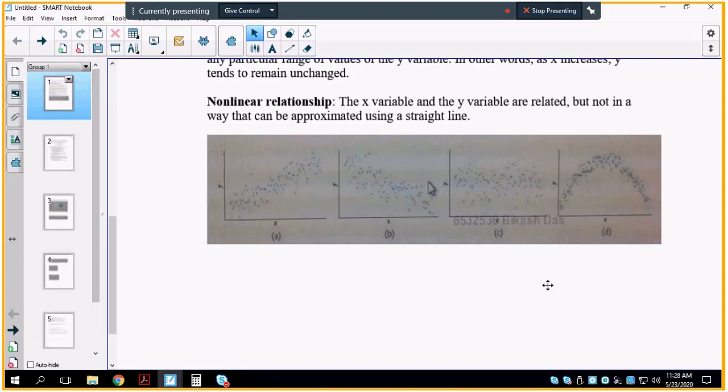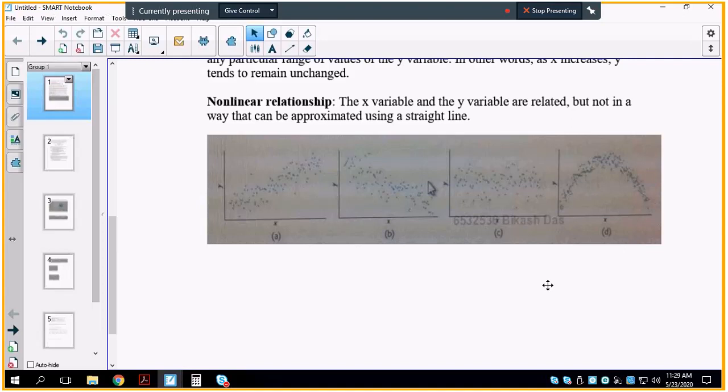Finally, in the fourth graph, you see a very nice shape depicted in a scatter plot. So we can say that as x values are changing, y values are changing, maintaining a certain pattern. In fact, this is a pattern for a parabola. But it is not a straight line pattern. And we call this situation a non-linear relationship.